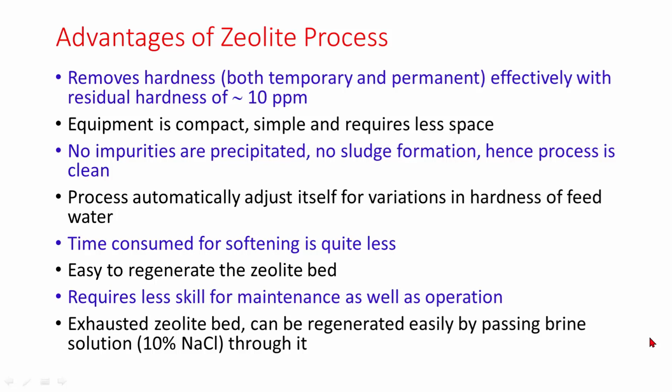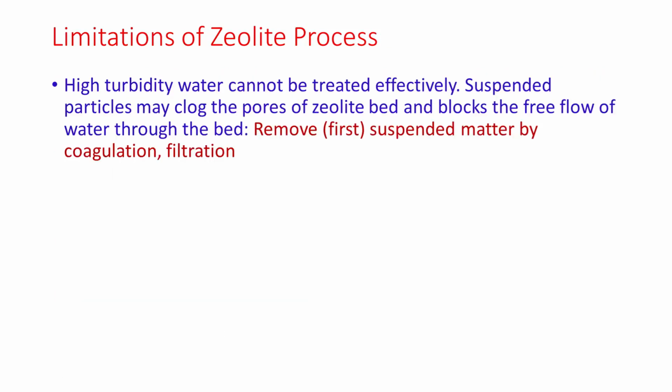However, zeolite process has certain limitations and disadvantages. Limitations of zeolite process: high turbidity water cannot be treated effectively. Suspended particles in turbid water may clog the pores of zeolite bed and block the free flow of water through the bed.